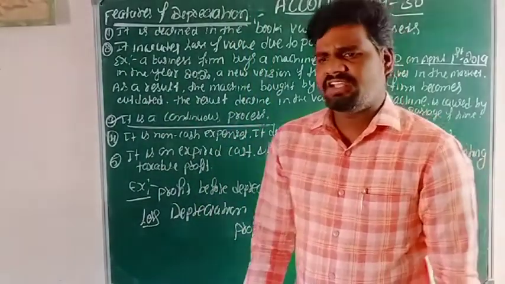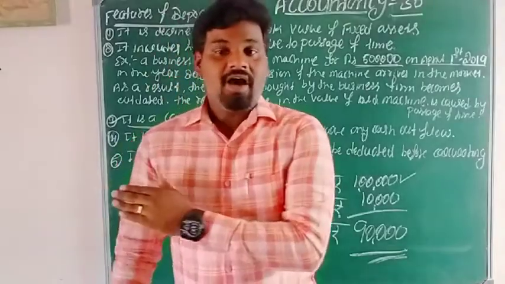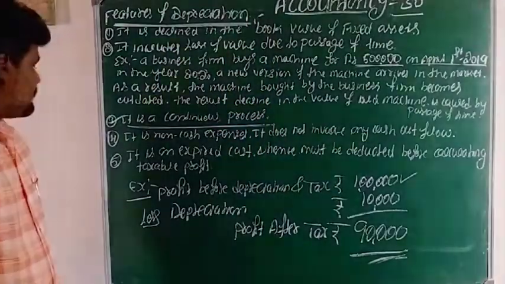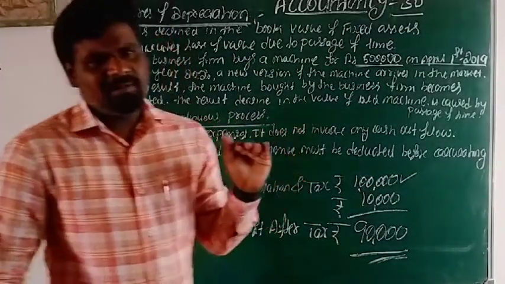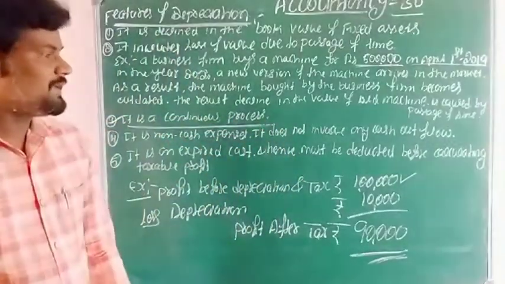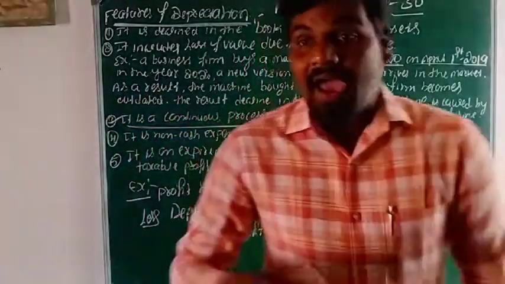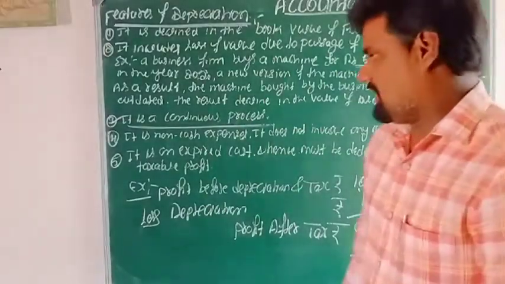Each and every year the value of assets goes on diminishing or reducing year after year. The next one, it is a non-cash expense, because it does not include any cash outflow from the business activity.